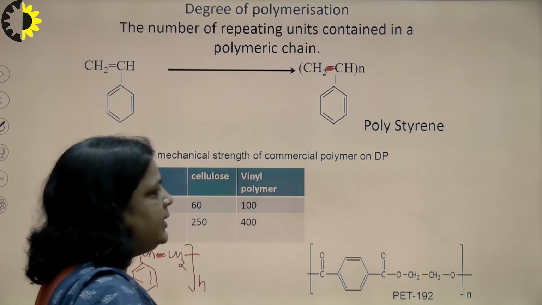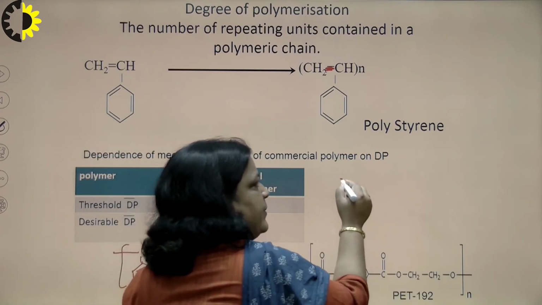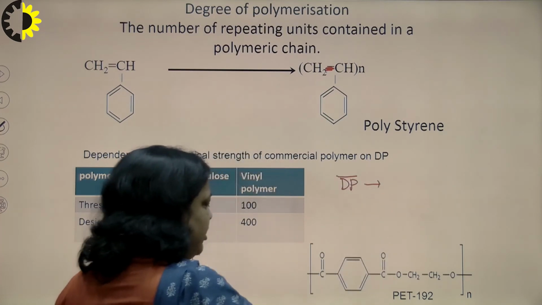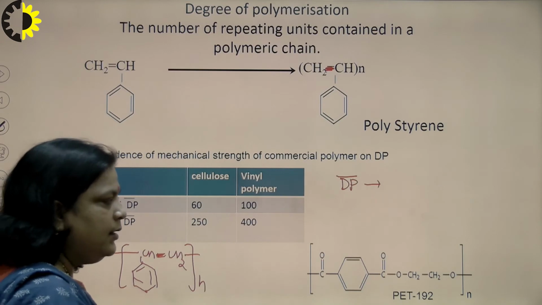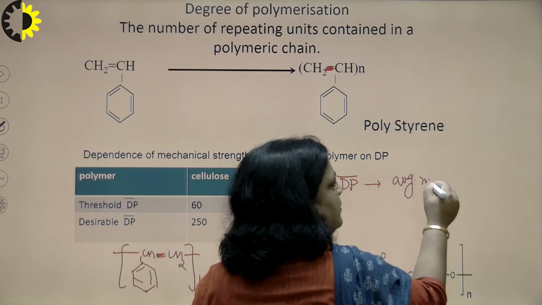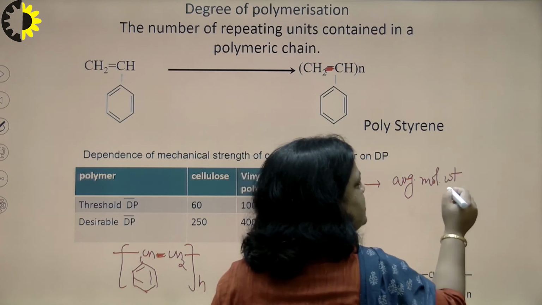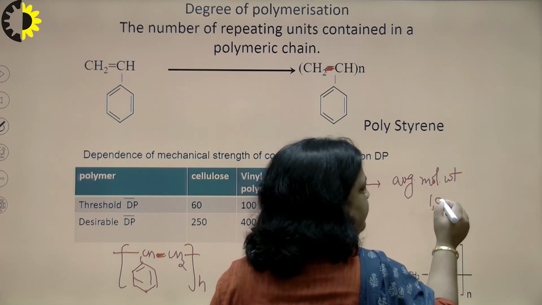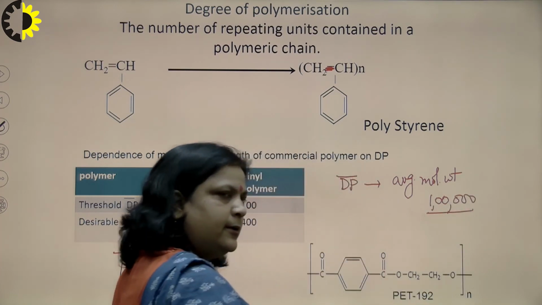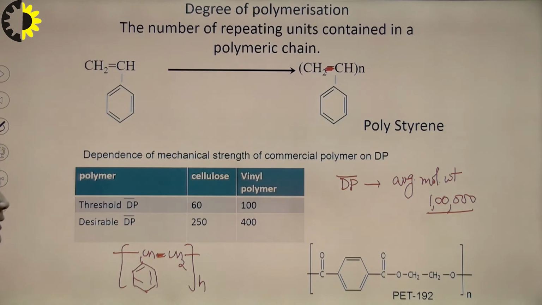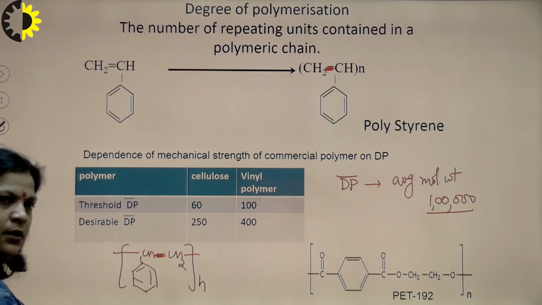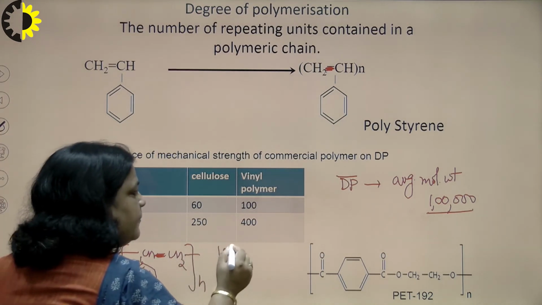And suppose the question is: calculate the average degree of polymerization of these two examples if the average molecular weight is suppose 1 lakh. In this case the molecular weight of the single monomer is 104.